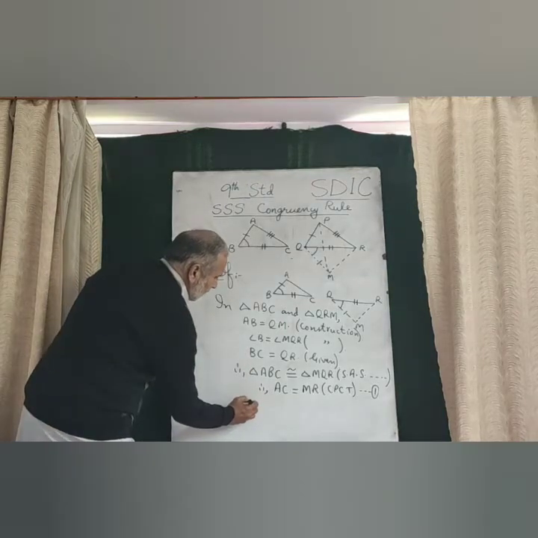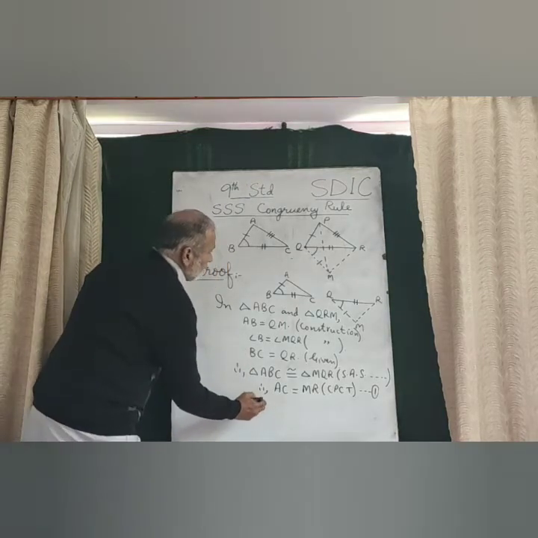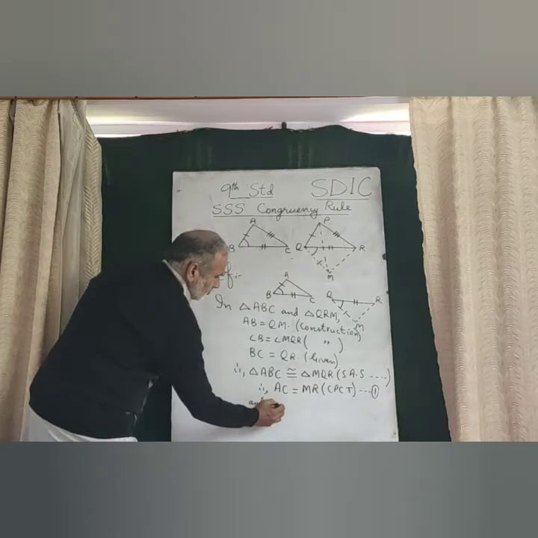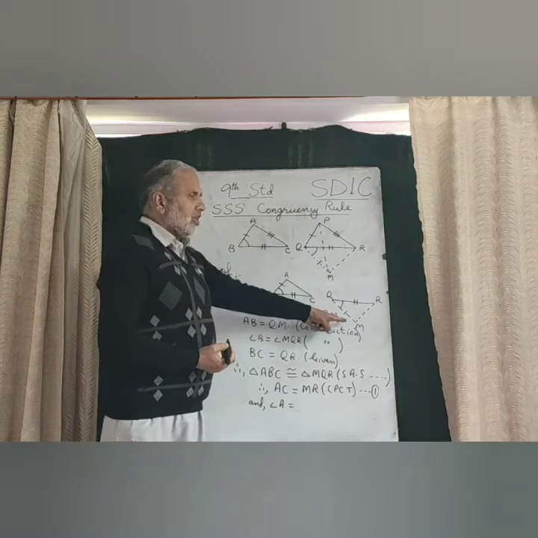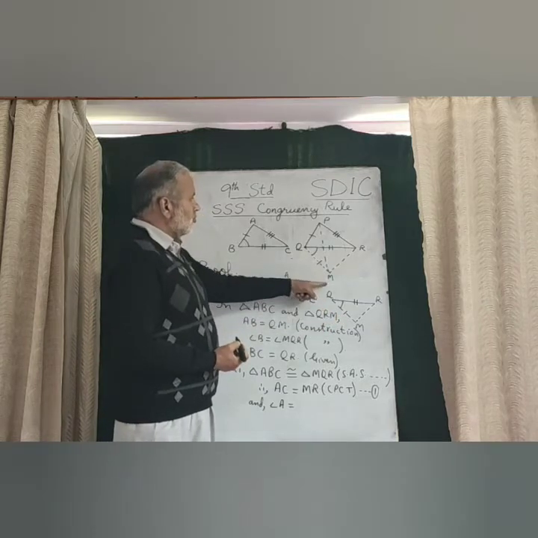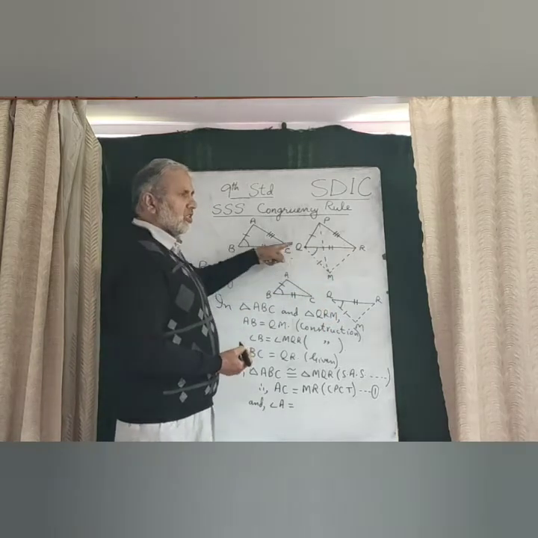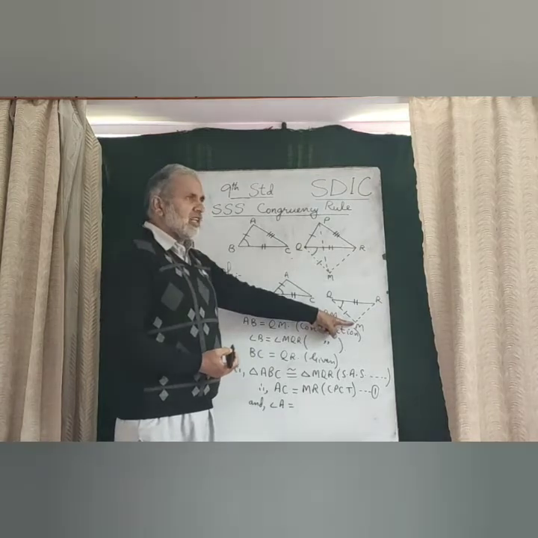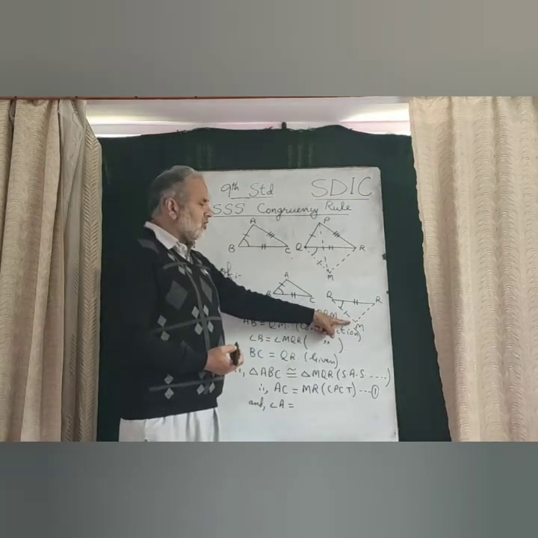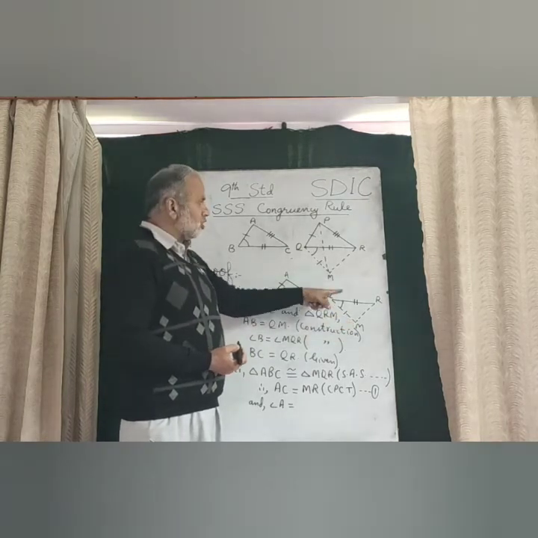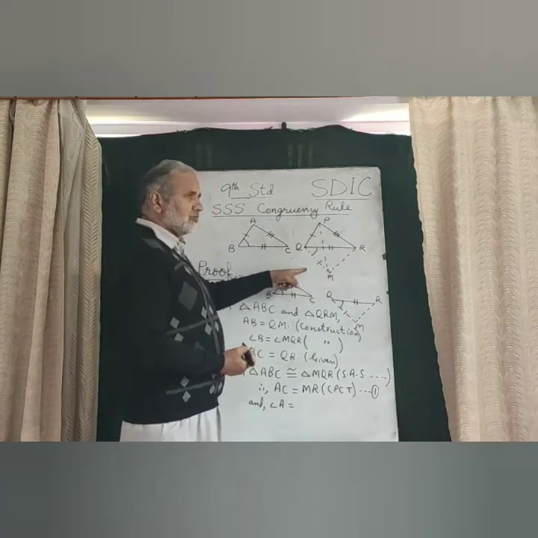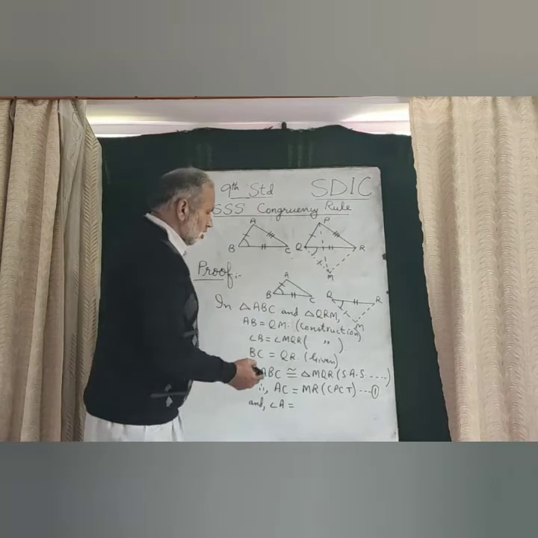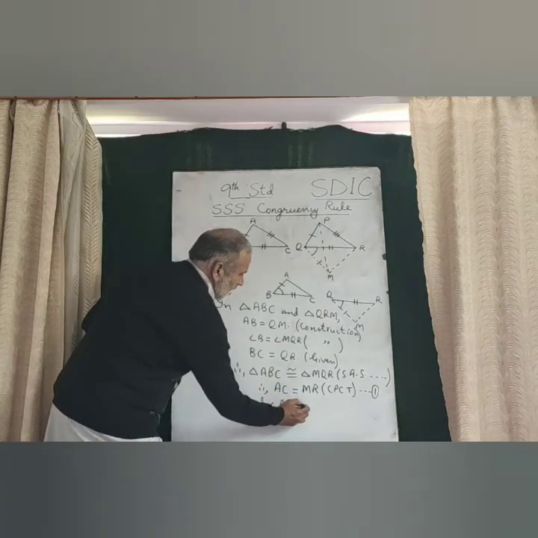And we'll also have angle A equal to angle at M. And since at M many angles are formed in the actual figure, this rough figure has only one angle at M. Had this been the actual figure, we would write short name angle M, but actually we have many angles formed at vertex M. Therefore, better will be give the full name QMR.